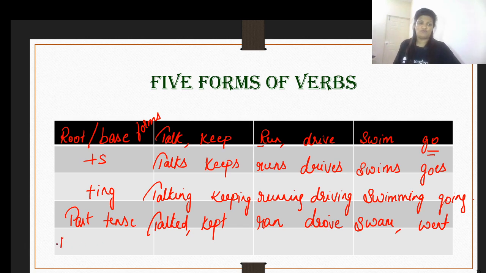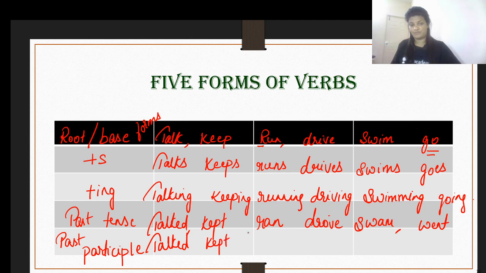There is one more form which we call past participle. The past participle of talk is talked, of keep is kept, run is run, drove is driven, swim is swum, and went is gone.